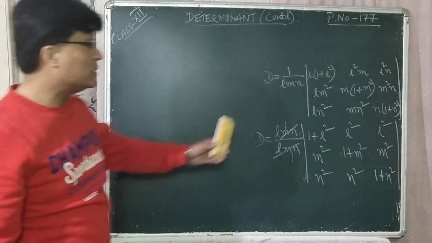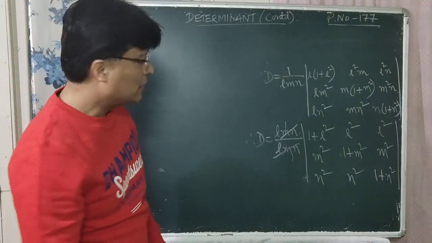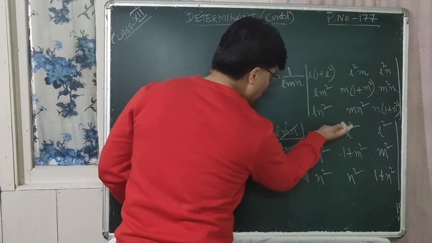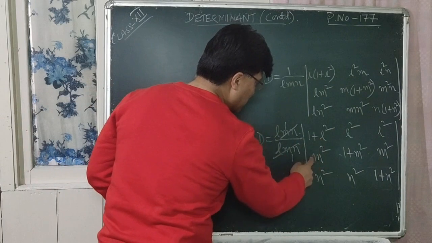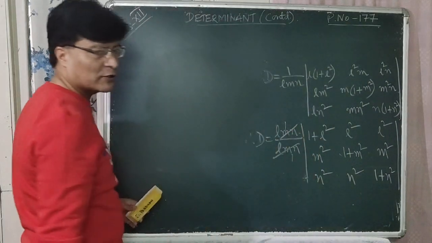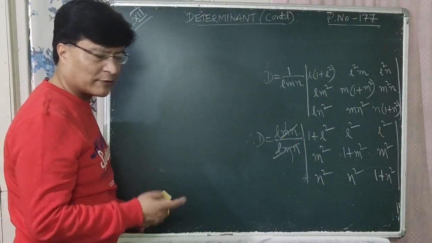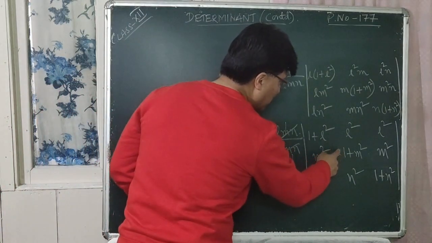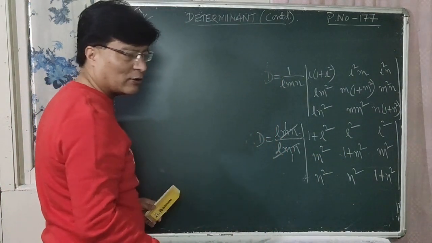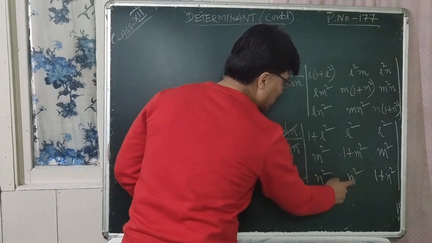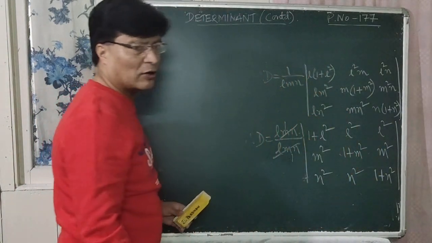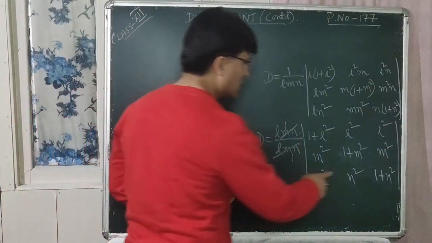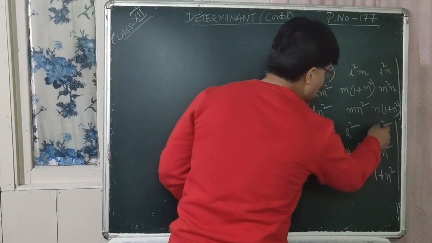So now what will you do in the next step? Now, if you do R1 plus R2 plus R3, this will be 1 plus L square plus M square plus N square in the first row. That is the first element of the first row. Again, if all the terms in the second column are added, you will get 1 plus L square plus M square plus N square. Again, if all the terms in the third column are added, what will you get? 1 plus L square plus M square plus N square.